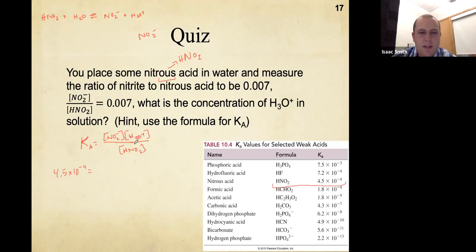And we're not given individual concentrations here, but we are given what this ratio is equal to. So I could separate this out and say this is equal to the concentration of nitrite divided by the concentration of nitrous acid, times the concentration of H3O plus, right? So this right here and this are equivalent. So now, since I know this ratio, I could plug that in.